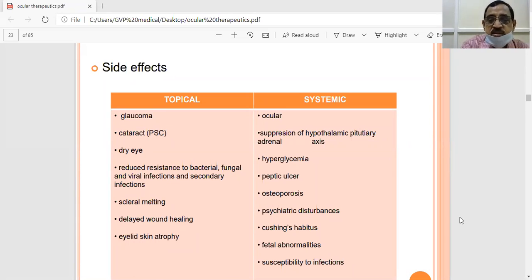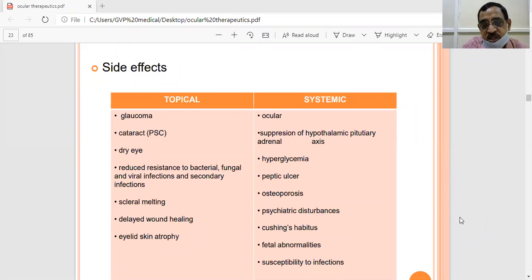Systemic steroids, when we administer them, there will be ocular side effects and suppression of the hypothalamic pituitary adrenal axis, and hyperglycemia can also occur, especially in diabetics. And if the patient swallows it on an empty stomach and continues to do it for a long period, there is incidence of peptic ulcer in these people.